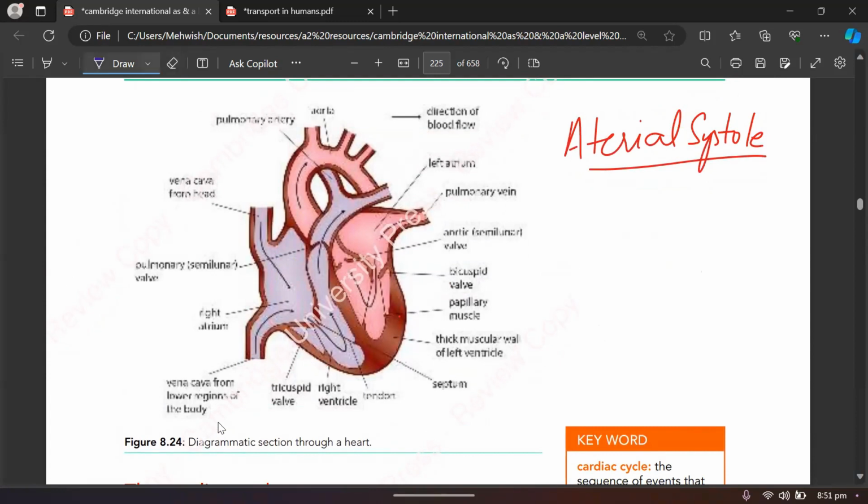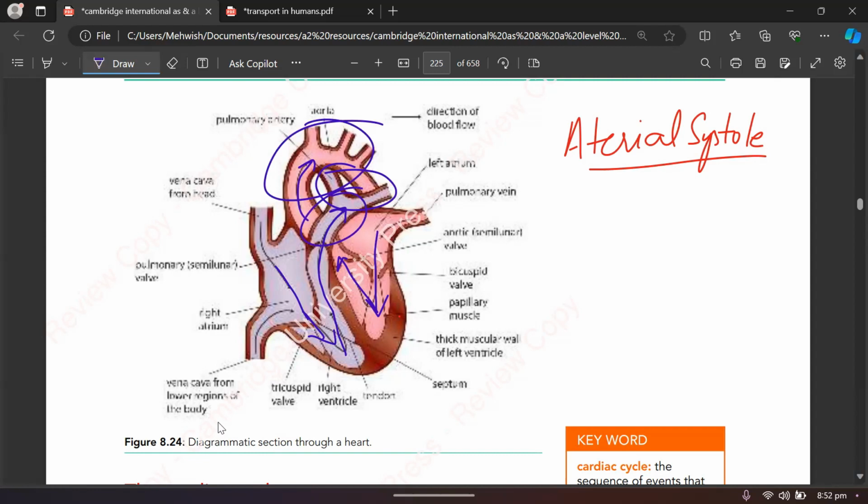So when the atria get filled up with blood, they undergo atrial systole, the atrioventricular valve gets open, and the blood goes into the ventricles. And when the ventricular systole takes place, it goes into the pulmonary artery. These are the two pulmonary arteries that you can see, and it also goes into the aorta. Here you can see, this is aorta, and this is pulmonary artery.